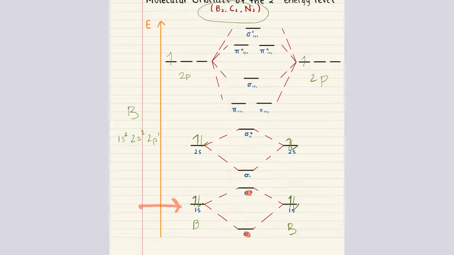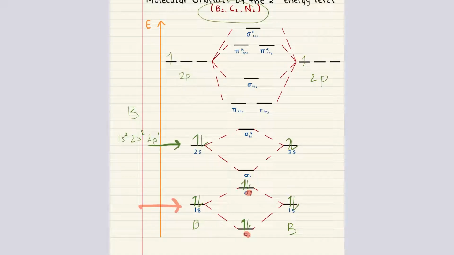Each boron atom contributes 2 electrons in 1s. So we have 4 electrons in total. We'll place 2 in the sigma 1s bonding orbital, and we'll place the other 2 in the sigma star 1s anti-bonding orbital. So we filled up both the bonding and anti-bonding orbitals here in 1s. Next, we move to the 2s atomic orbitals.